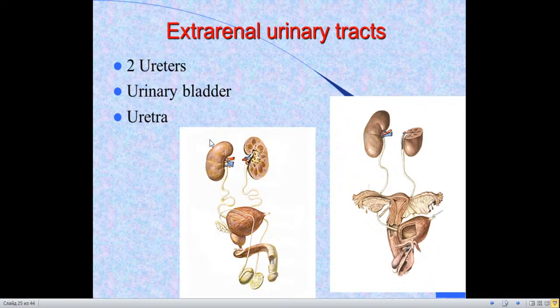Extrarenal urinary tracts include two ureters, ureter dexter and ureter sinister, this is a paired structure, urinary bladder, and urethra. Urethra, this is an unpaired structure. Reflect, please, this information on your notes.